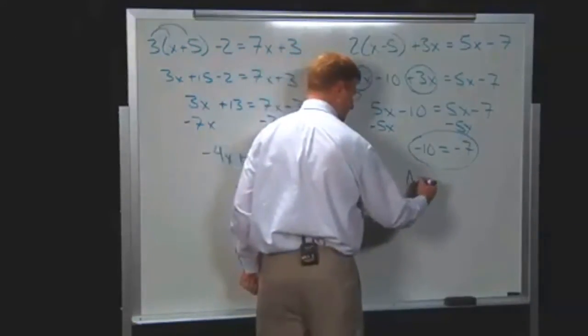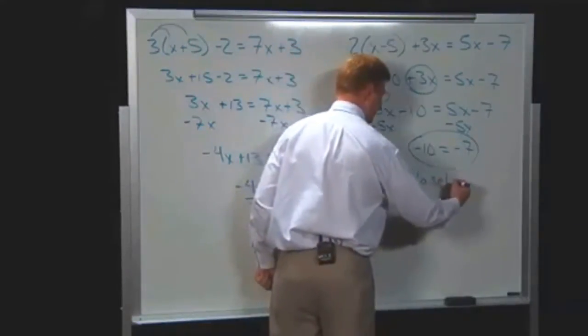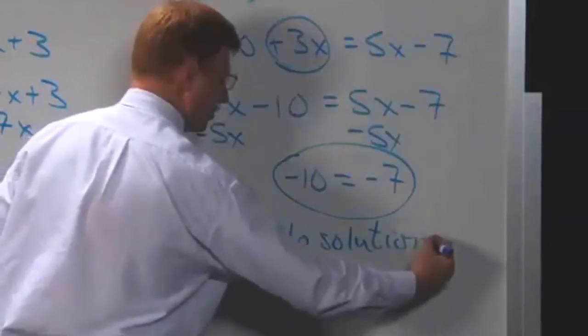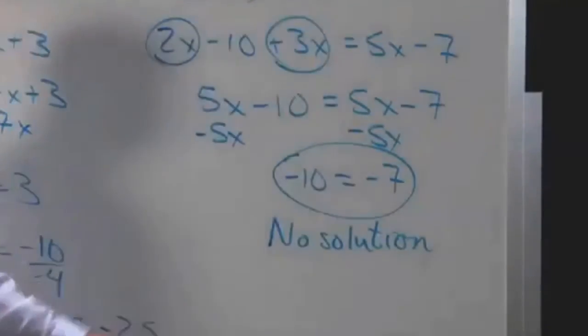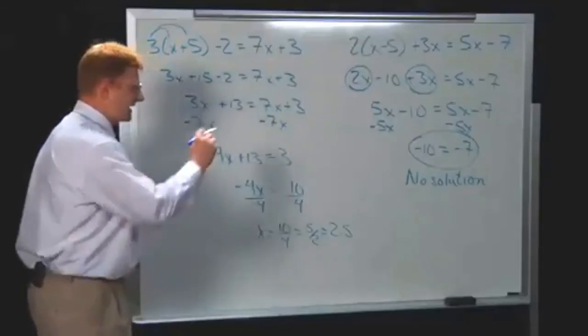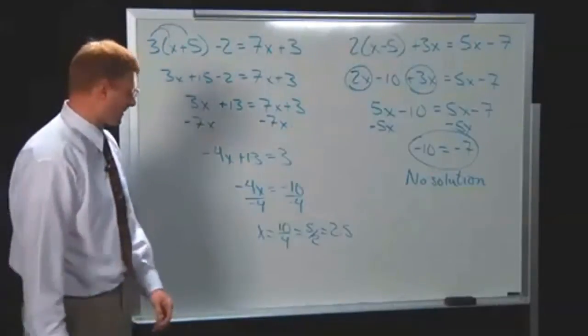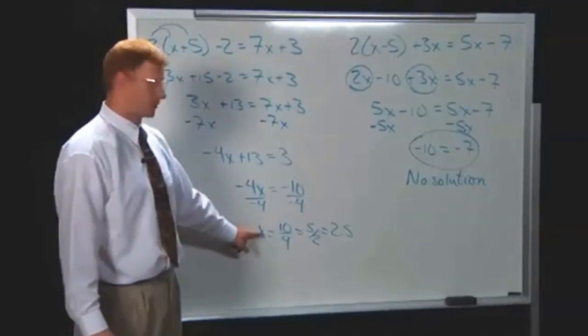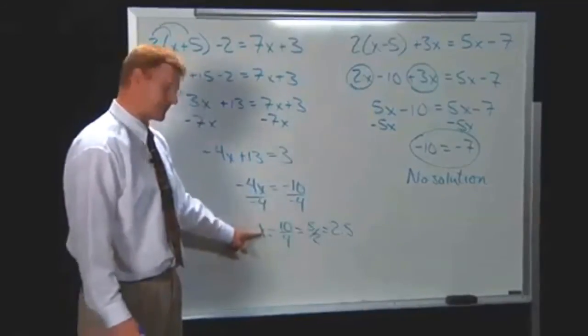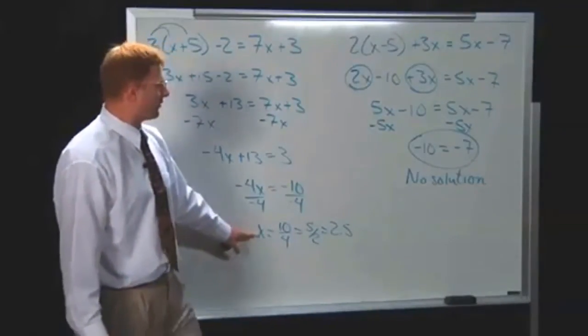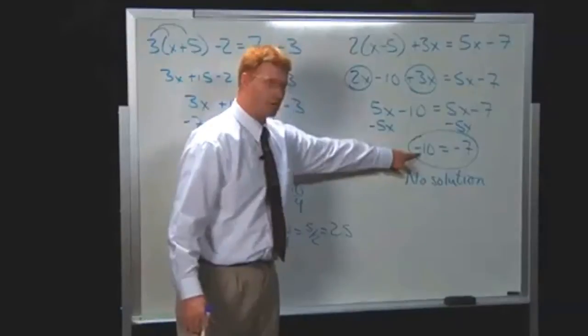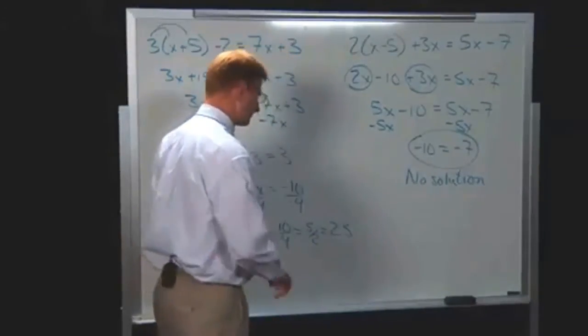And so it gives rise to the possibility that you might have no solution. There is no number out there that will ever make negative 10 equal negative 7. Right here, there's one number that will work here, and that's 2.5. That's why it's a solution. However, over here, no number will ever work, so we get no solution.